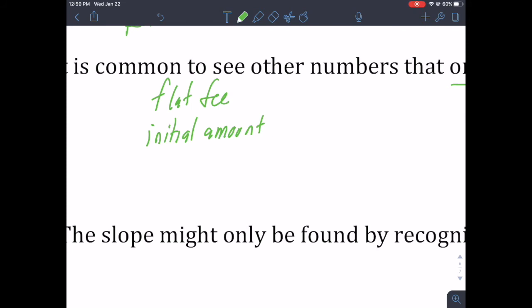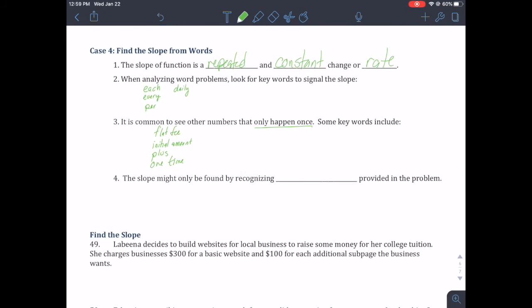They might be something that's just plus this, something that's added on. They might actually just say the words like one time. So you're going to look for this and many other keywords that would indicate that something's only happening once. The slope might only be found by recognizing 2 points provided in the problem.